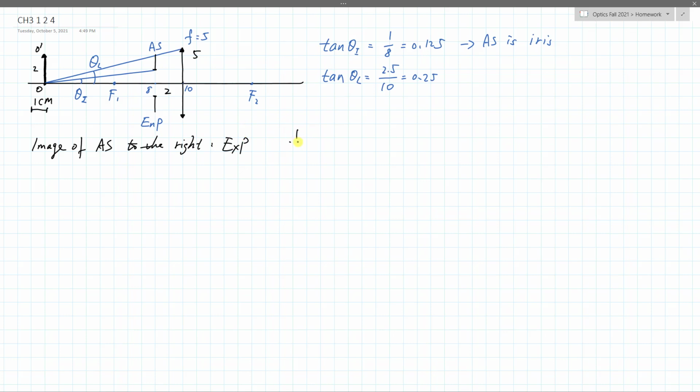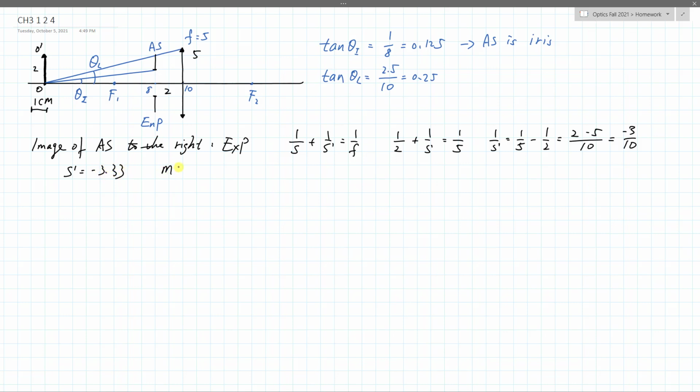So we'll have 1 over s plus 1 over s prime equals 1 over f, and the distance is 2 centimeters, so 1 over s prime equals 1 over 5 minus 1 over 2. So 2/10 minus 5/10 is negative 3 over 10. So s prime is equal to negative 3.33.